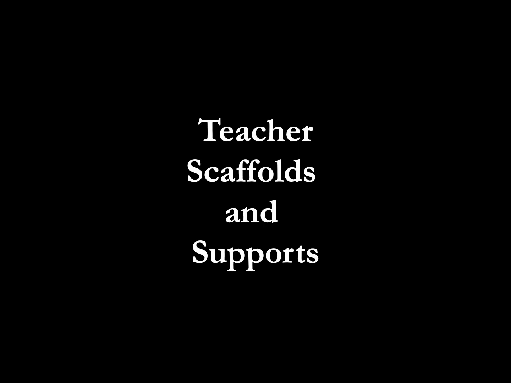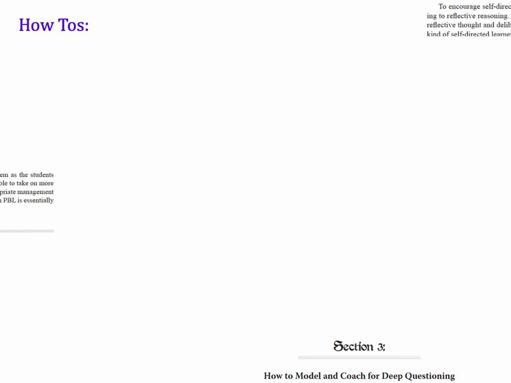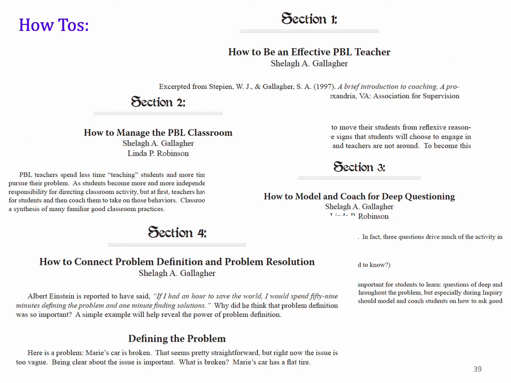Black Death also includes materials to support your journey through the problem. In addition to the problem narrative, there is an alignment chart that shows where different skills and ideas appear in the unit, and sample 2- and 3-week schedules. In the back of the manual, you'll find how-to essays that will help improve your skill as a PBL coach.